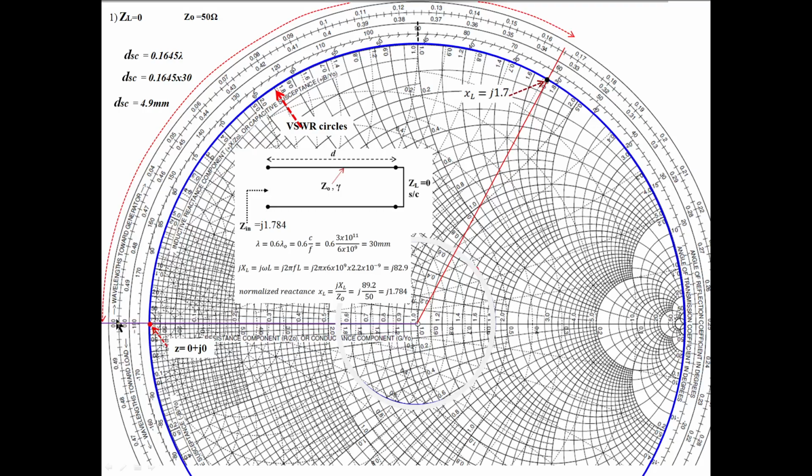From here it is always 0. So whatever value you observe here, for example 0.16, that is our length of the line in terms of lambda. Multiply that by the wavelength, and you can easily get this length from the Smith chart.